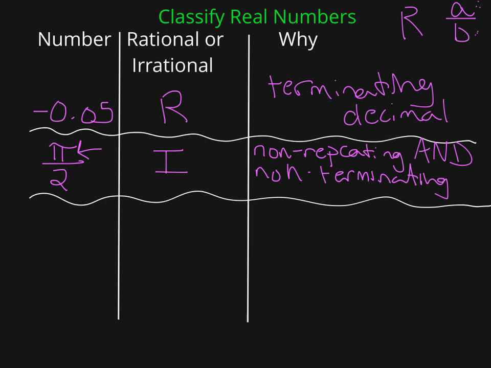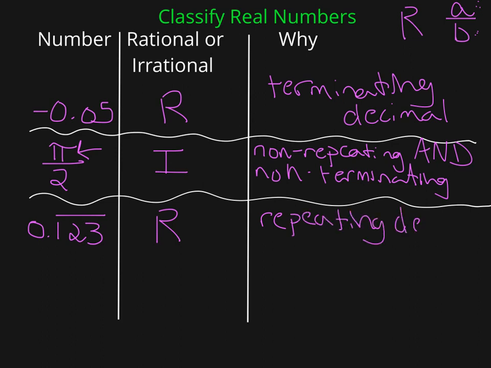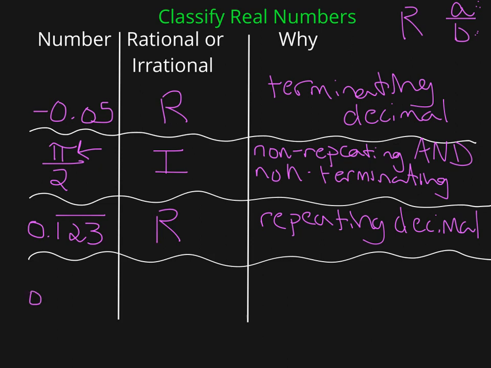All right, third example, let's do 0.123 repeating. That decimal goes on and on forever, but it's rational. Why is it rational? Because it's a repeating decimal. Last example, 0.202002000.